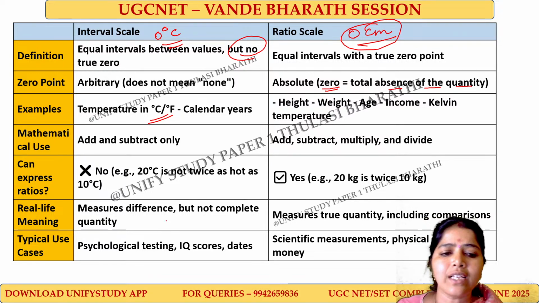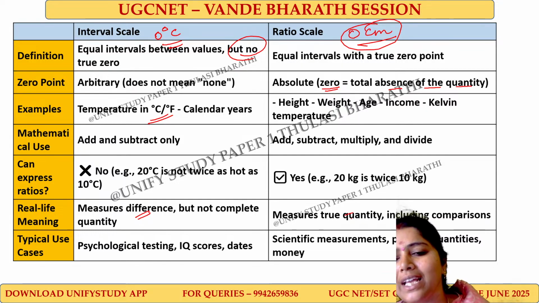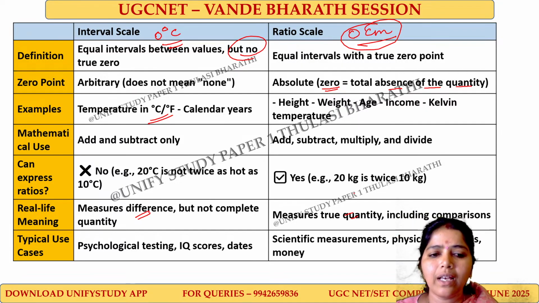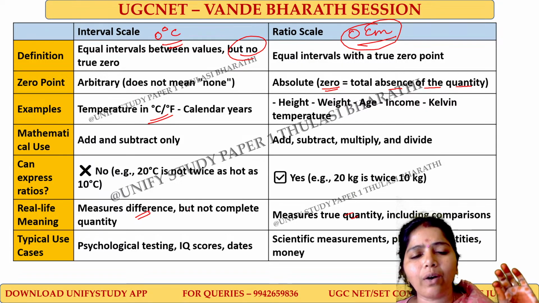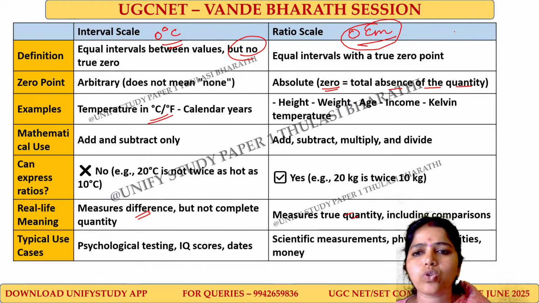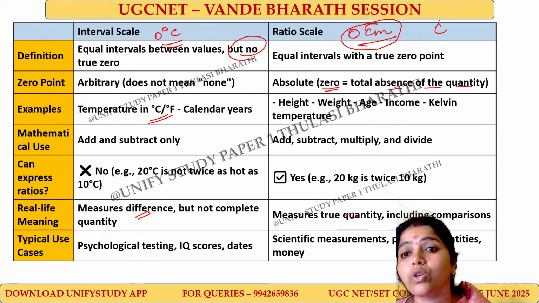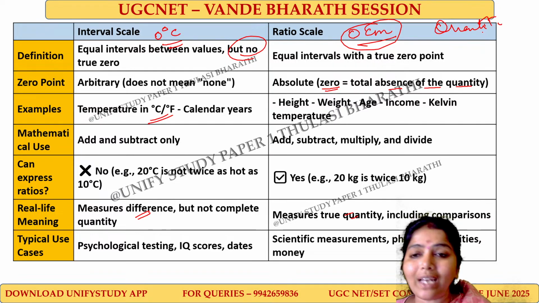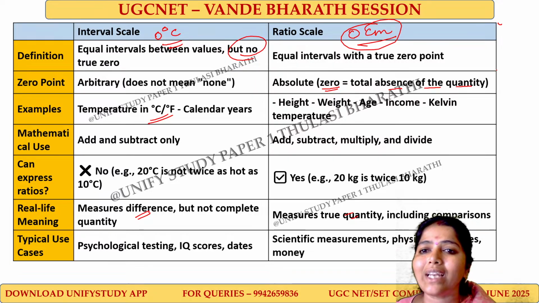Clear? Right. So here it measures the difference and here it measures the true quantity, and so we can do comparison. And where do we apply the interval and ratio scale? Whenever we use quantitative data. Whenever we use qualitative data, which do we use, qualitative or quantitative?